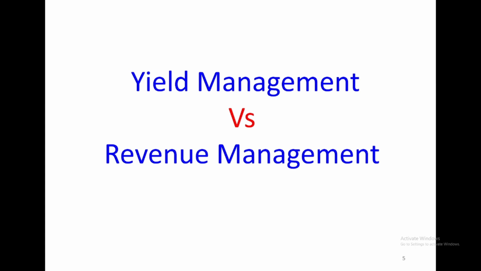So, revenue management is a wider concept. We are talking about cost, we are talking about profit, we are also talking about other parts of the business which can give an additional income. I hope it's clear for everyone.